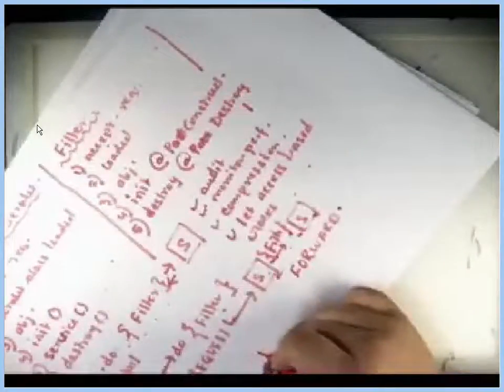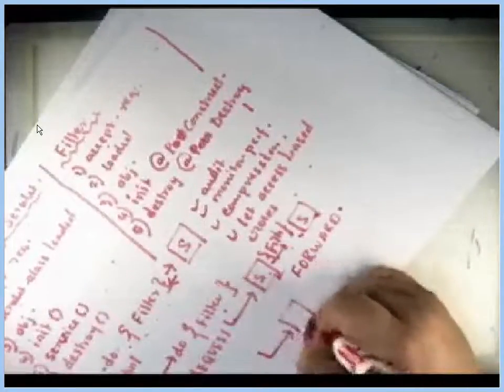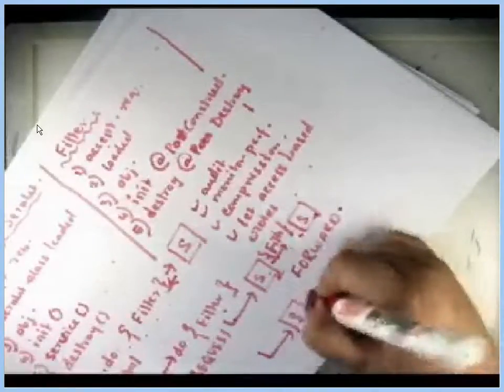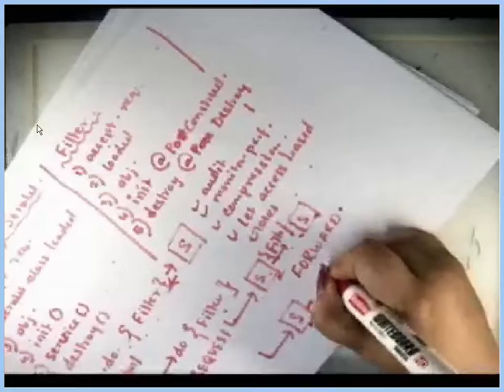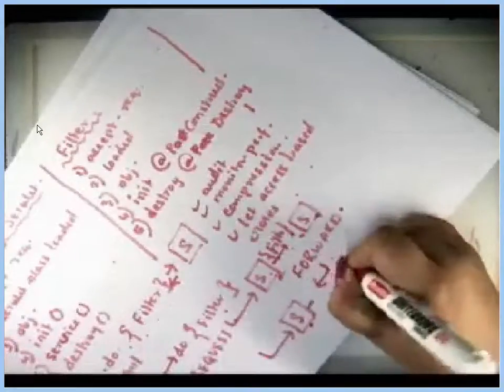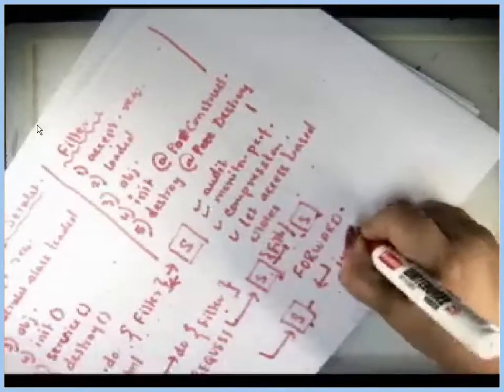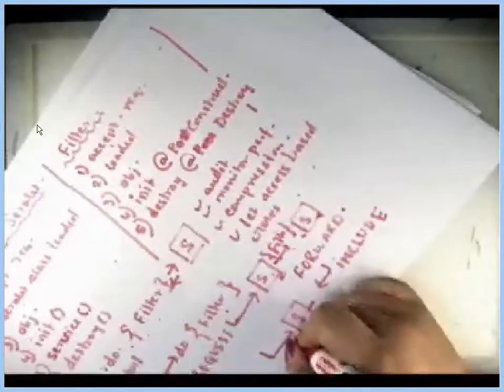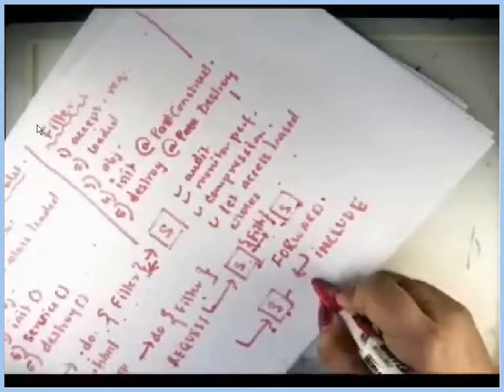And after forward and request dispatching, there can be a situation where I am generating a response from this servlet, and at the same time I am including some other files along with this response. Then we will call it an include kind of dispatcher.